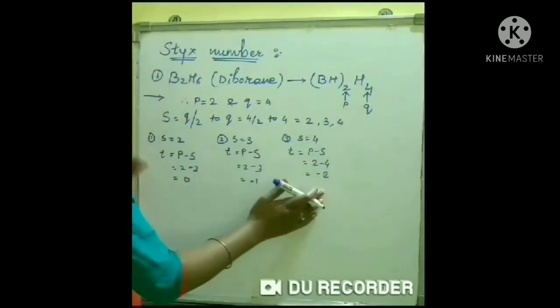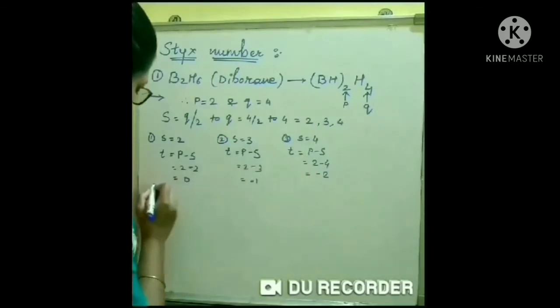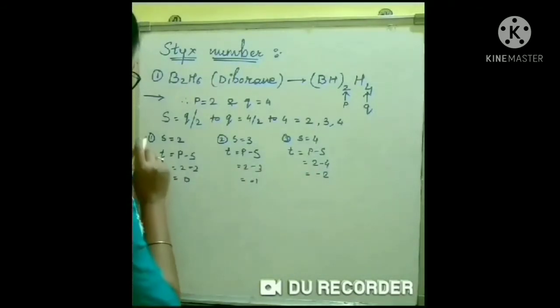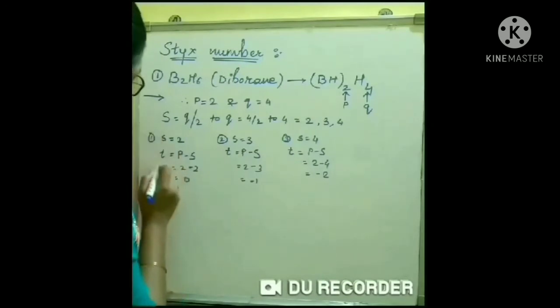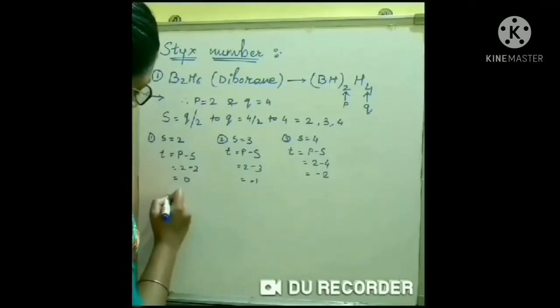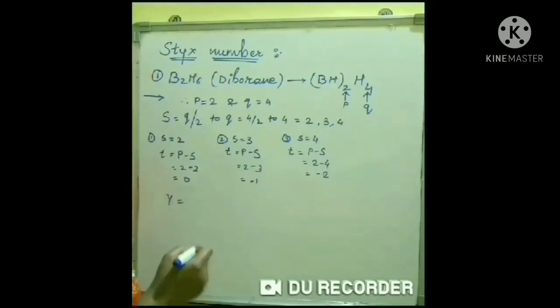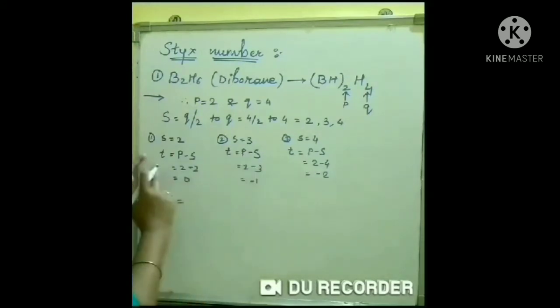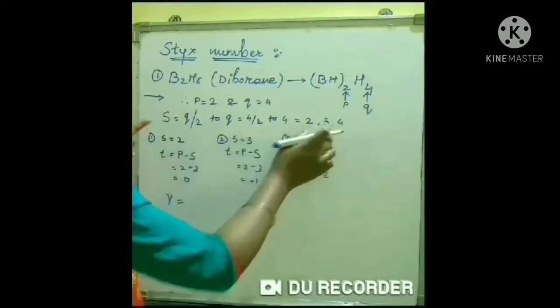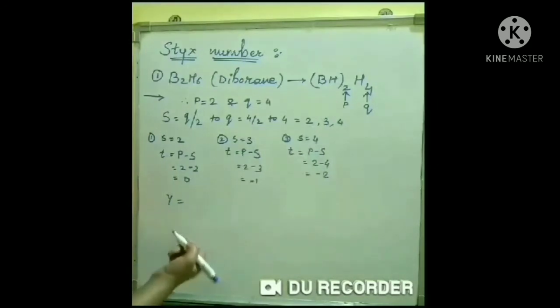Got it? These are the values of T. These 3 are the values of T and these 3 are the values of S. Now let's find out the value of Y.